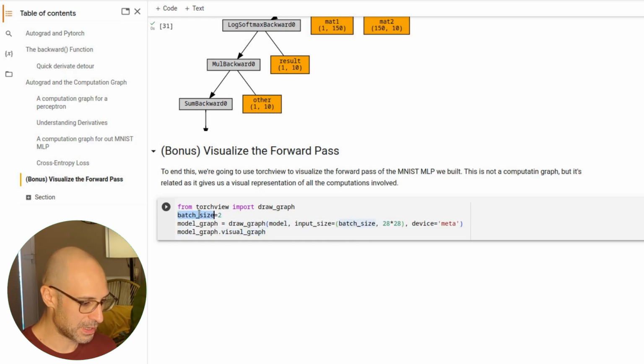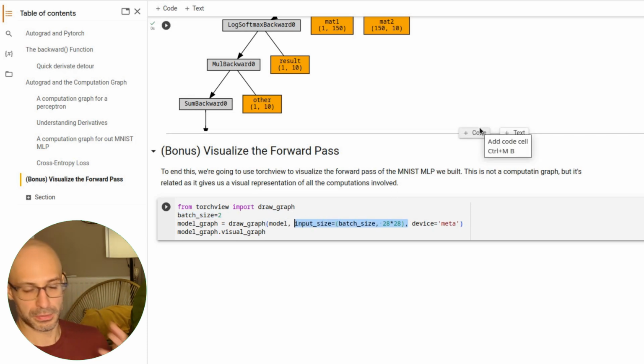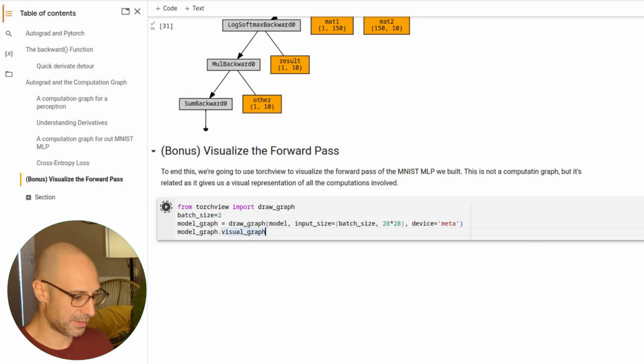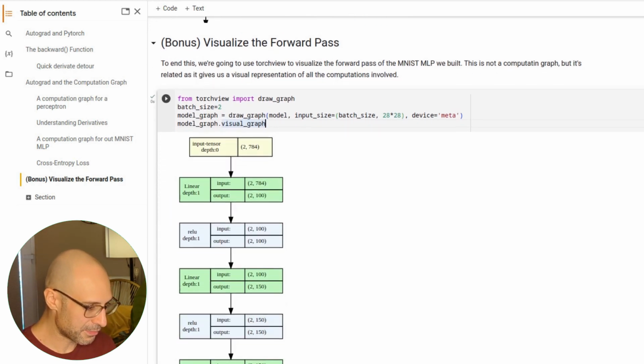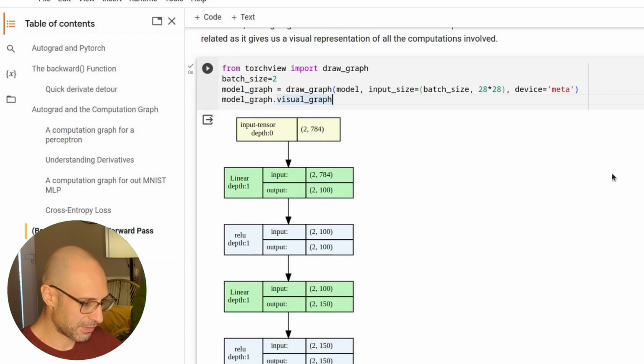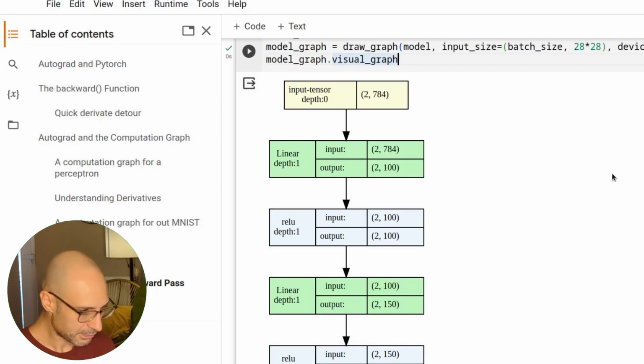For example, we're giving it a batch size and an input size, and this is going to come up with random input. So it's going to generate a random image or number of images, and then it's going to pass them through the model and we can visualize that. Let me see if I can make it bigger. It's a very, very nice way of visualizing this.